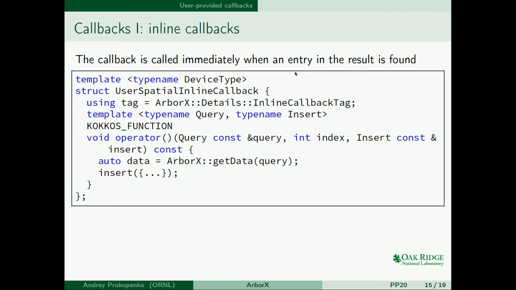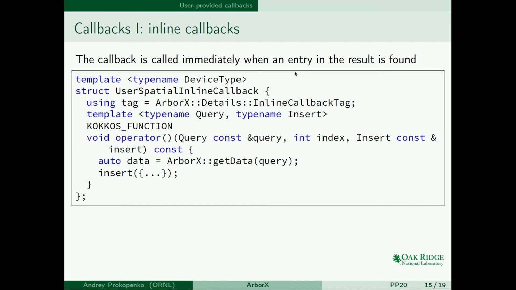One very useful use case for this is a find search. For example, if you want, for your point, to find the mesh element that the point belongs to, first you do the coarse search with the bounding boxes, and then inside the callback, you can actually do the find search using the geometric data of the mesh to figure out whether there is an intersection or not.